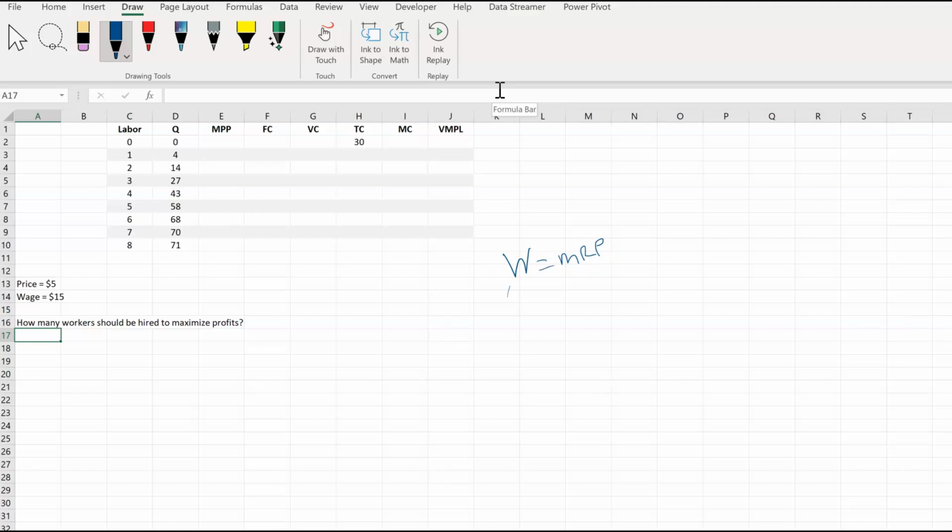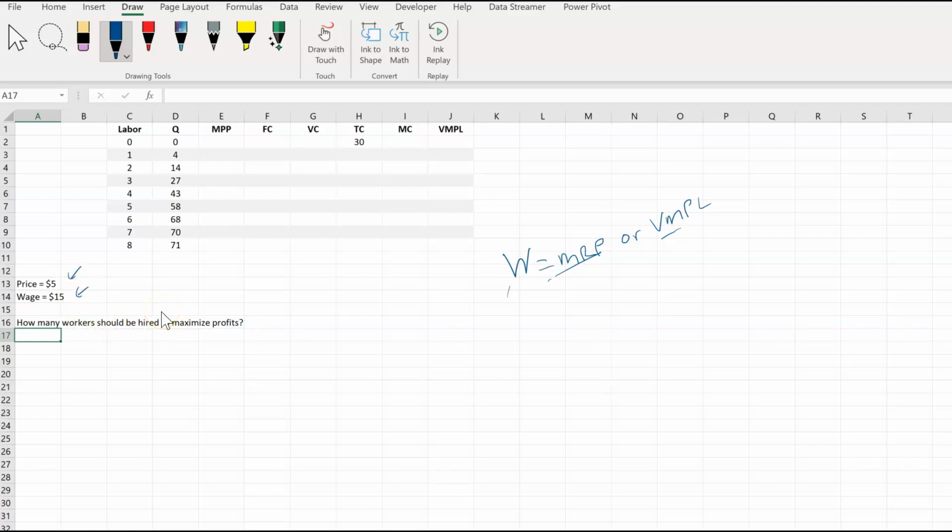So I could just say or VMPL. These two are the same. I apologize for using different terms, but that's what we had in this example. So the price of the product is $5 right there, and the wage we pay the workers is 15.